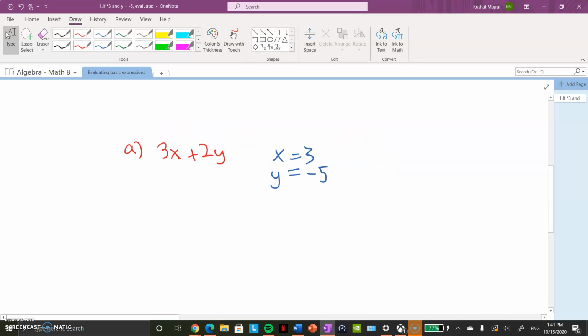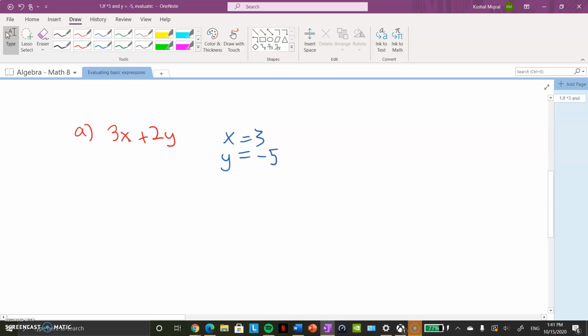Okay, so how do we solve this? What we do is we take a look at this. 3x means 3 multiplied by x. Okay, multiplied by x. 2y equals 2 multiplied by y.